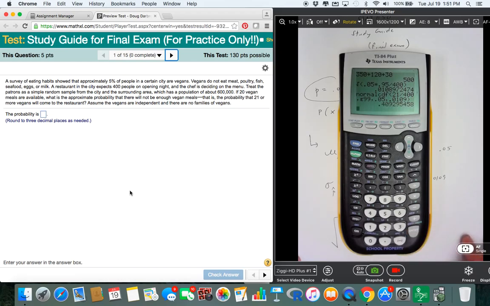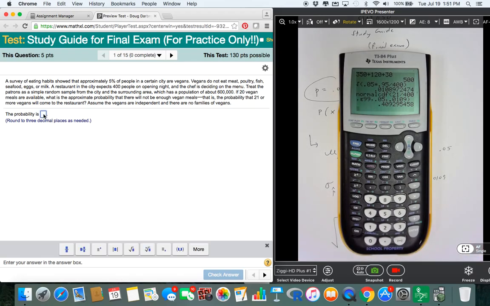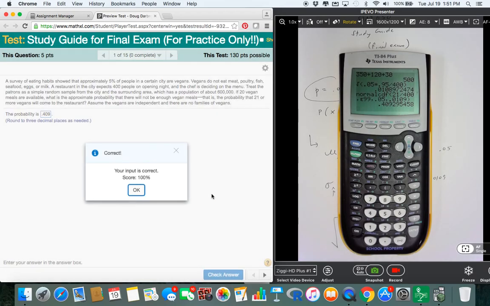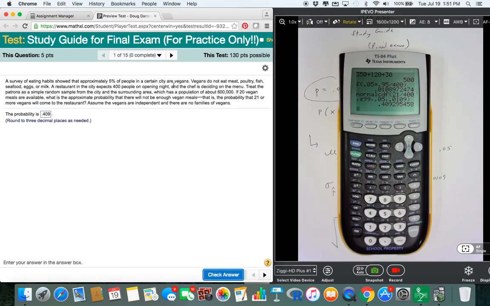So hit enter. My probability, it says to go to 3 places. So that looks like 0.409 to me. So I'm going to type that in very carefully. I'm going to check my answer. And your input is correct. Cool. Knew it would be, well, I thought it would be.